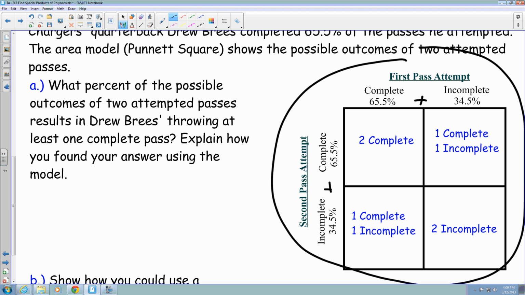If you look at this broken down into fourths, 3 of the 4 categories have him completing at least 1 pass. The 4th one has 2 incomplete passes. So we don't need to pay attention to the 2 incomplete passes, because all we're looking for is the percentage of him being able to throw at least 1 complete pass.